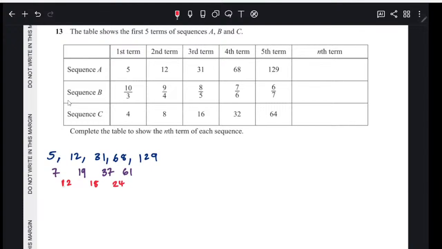Now, what is 18 minus 12? 6. 24 minus 18? 6. So already we can see that the difference became the same on the third difference.